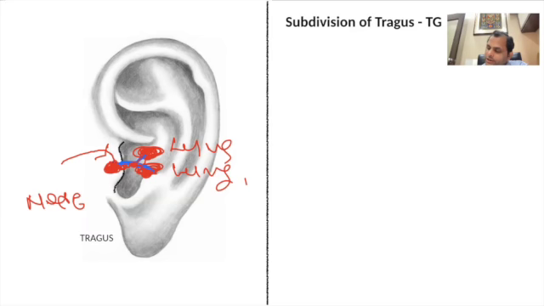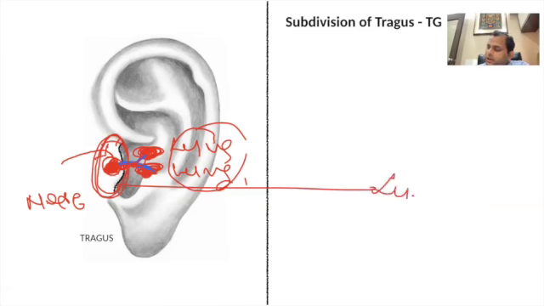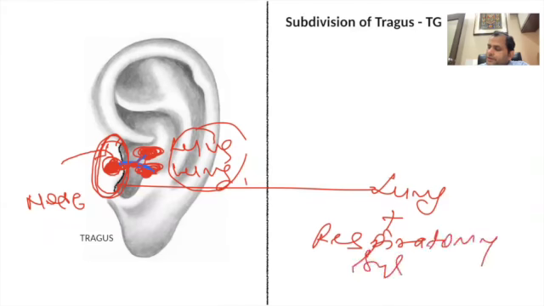So this can be considered as a nose. Now, because this part is very deeply connected with the nose, and this part is very deeply connected with the lungs, the whole tragus is very deeply connected with the lungs plus the respiratory system. So tragus is part of the respiratory system.